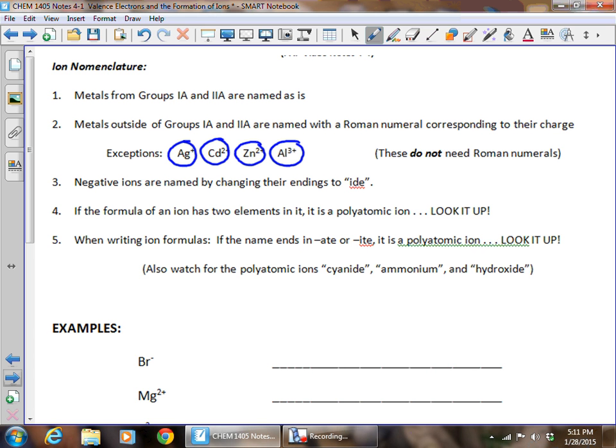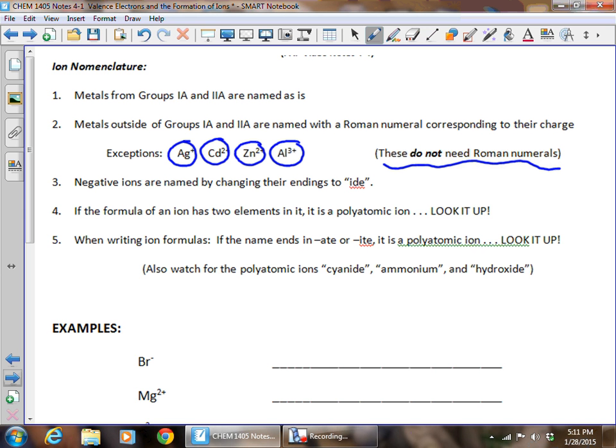We don't have to put Roman numerals with those when we name those ions because we know their charge. No Roman numerals are needed. These do not need Roman numerals. Negative ions are named by changing their ending to IDE.